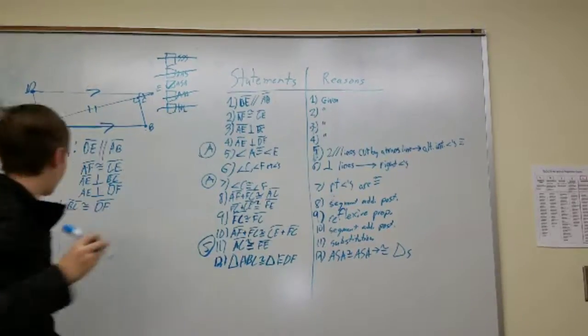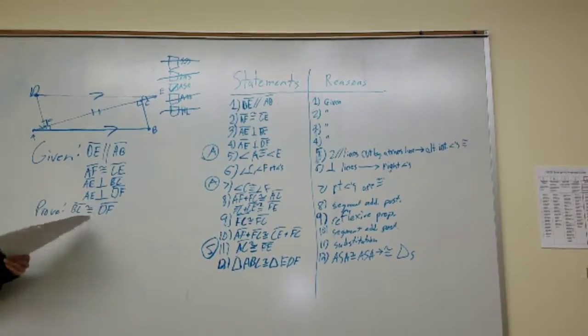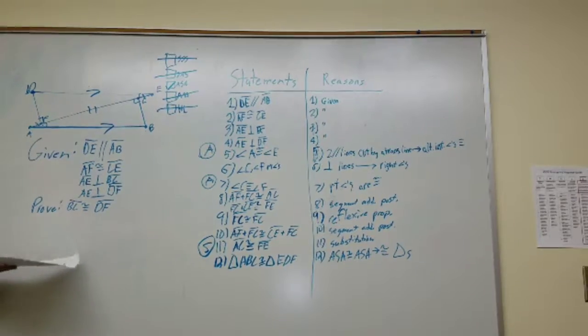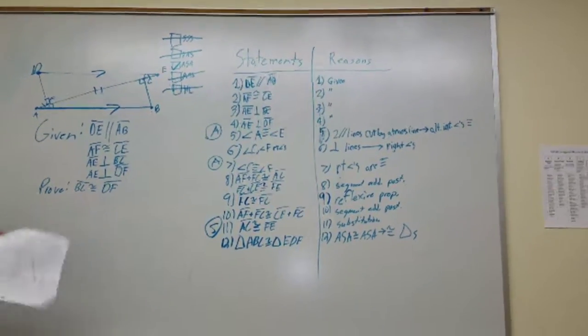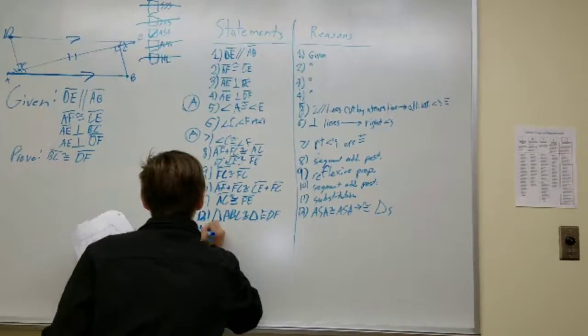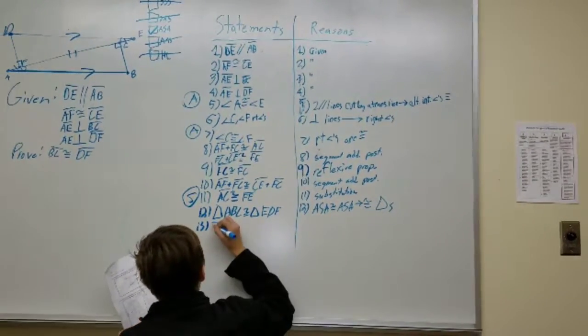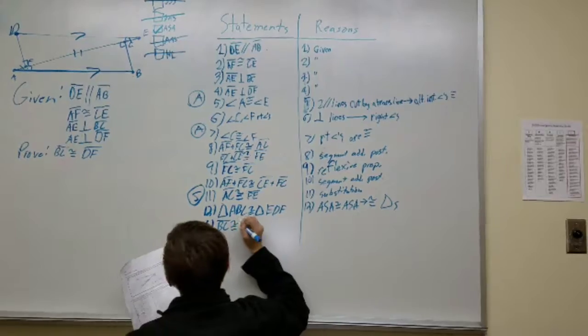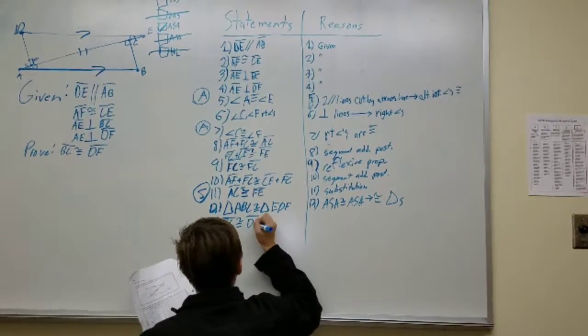And into step 13, to solve our original problem, prove that that line segment BC is congruent to line segment DF, we're going to say that line segment BC is congruent to line segment DF.